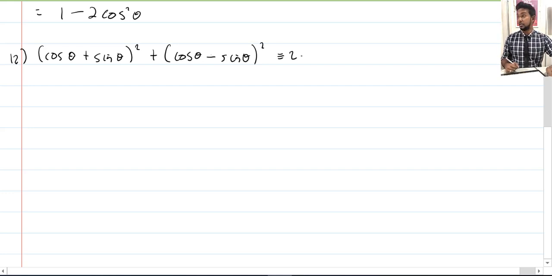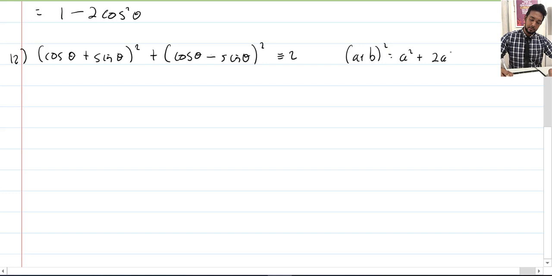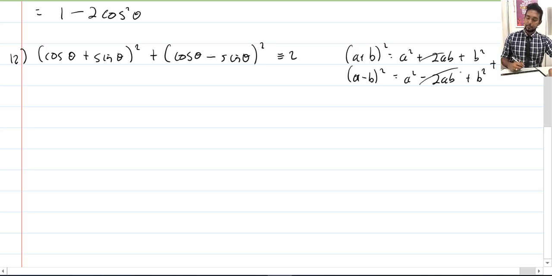Once you're seeing cosines and sines and squares, we should think cos squared plus sine squared is 1. But when we expand that first bracket, what's a plus b all squared? A plus b all squared is a squared plus 2ab plus b squared. And what's a minus b all squared? That's a squared minus 2ab plus b squared. So guess what's going to happen when you add these two things together? These will cancel out, leaving us with 2a squared plus 2b squared.